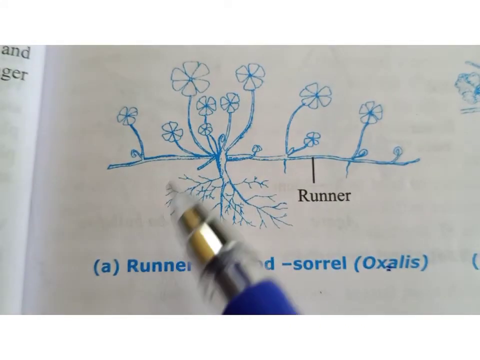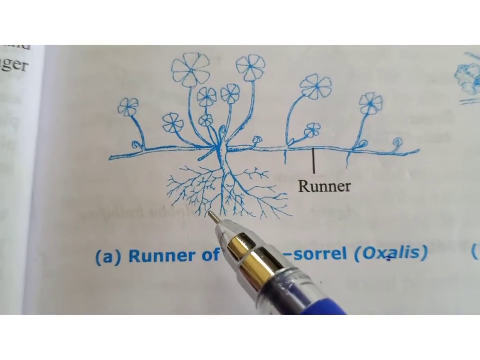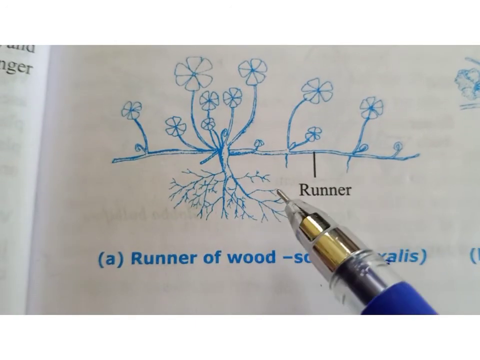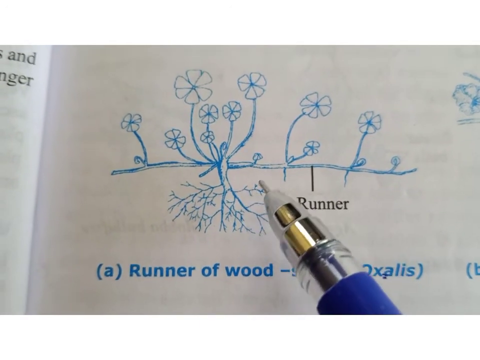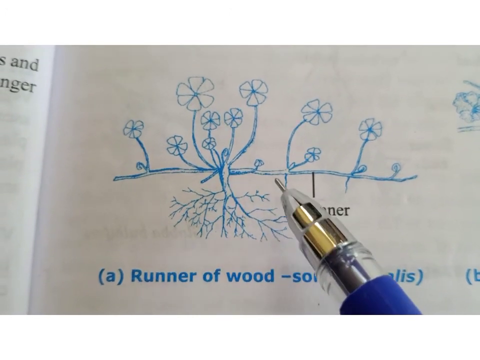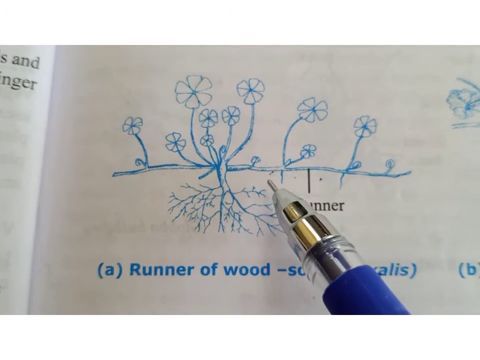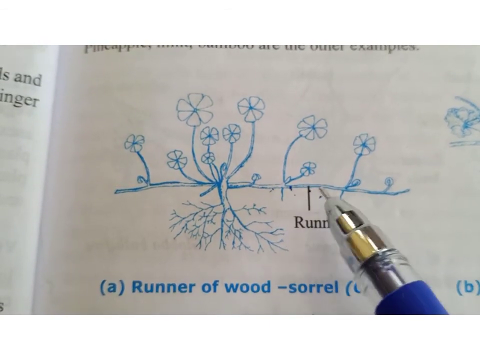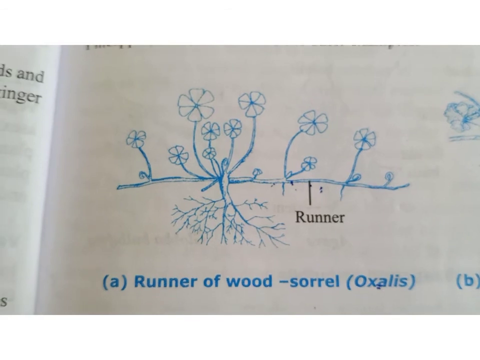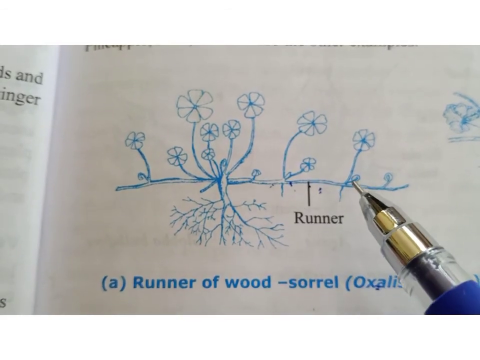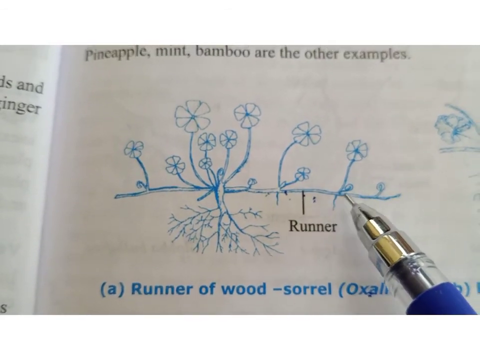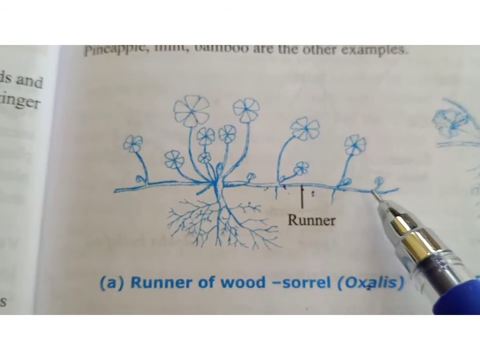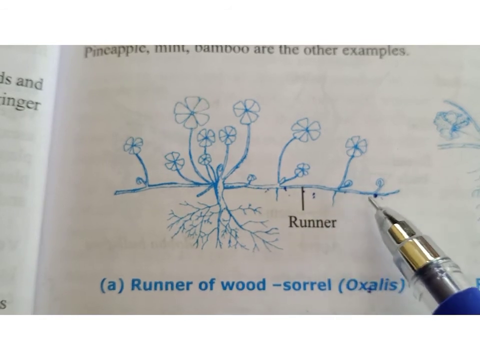You might have seen this plant, a creeper which grows on the ground. It has slender, horizontally growing branches which show nodes and internodes. It arises from an axillary bud. As the axillary bud grows, it starts to creep.